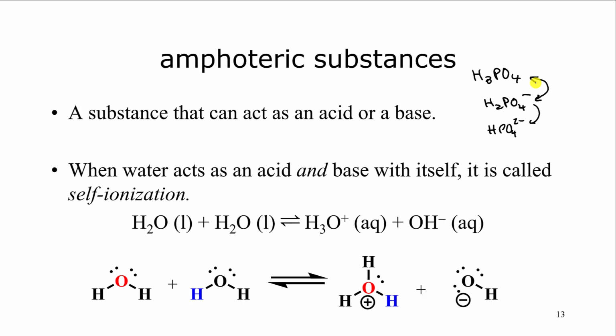And so any of these intermediate stages of a polyprotic acid are considered to be amphoteric. That is, they can either accept or donate protons.